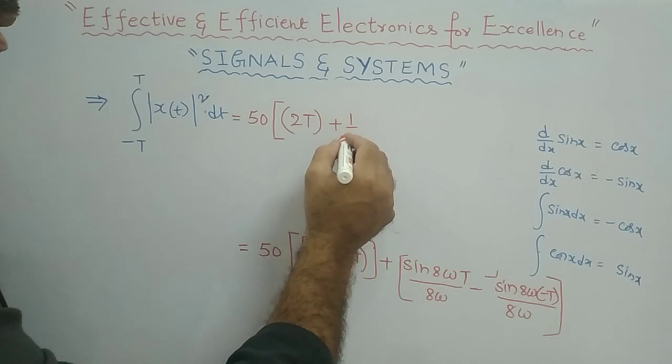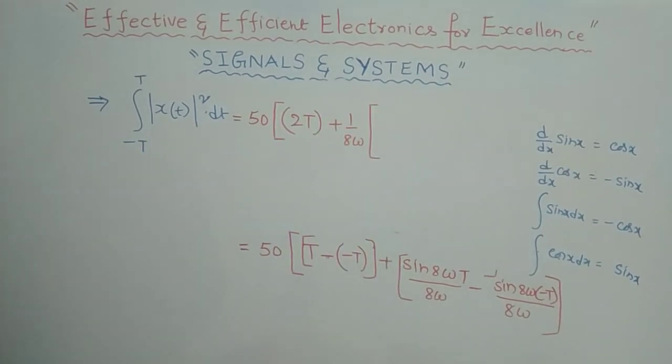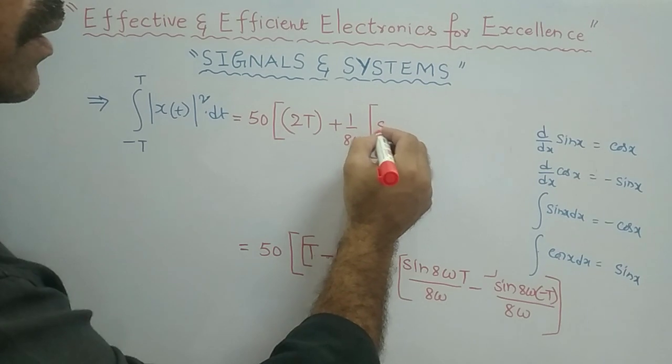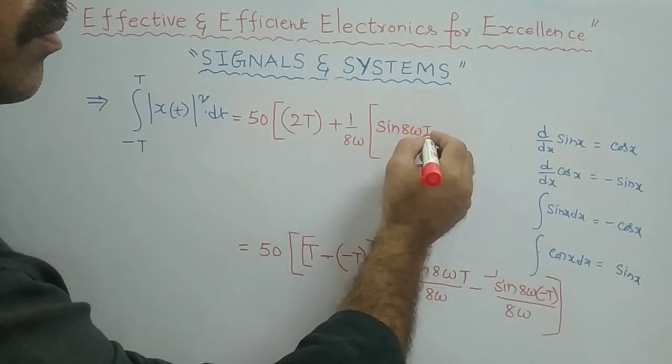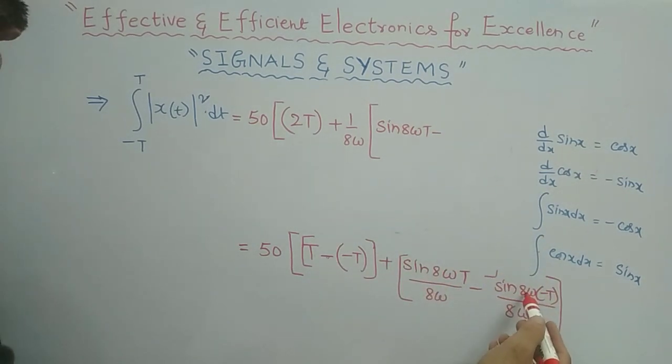Shall I take it outside? I can take 1 by 8 omega outside. Then definitely what you will get is sin 8 omega t, minus here sin of 8 omega minus t, which means sin of minus theta form is there.